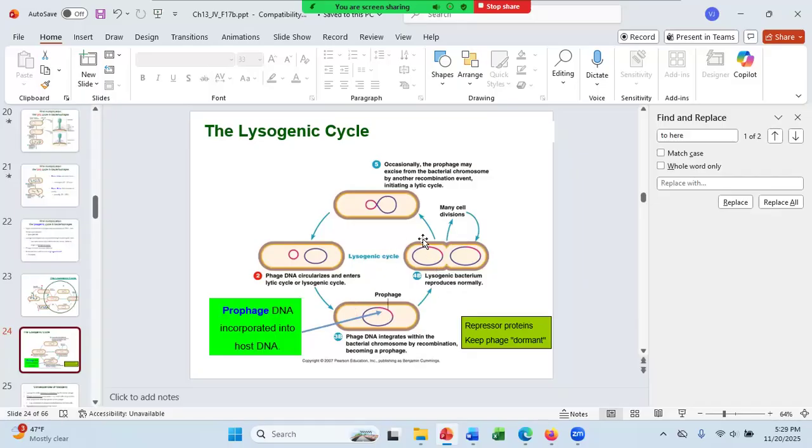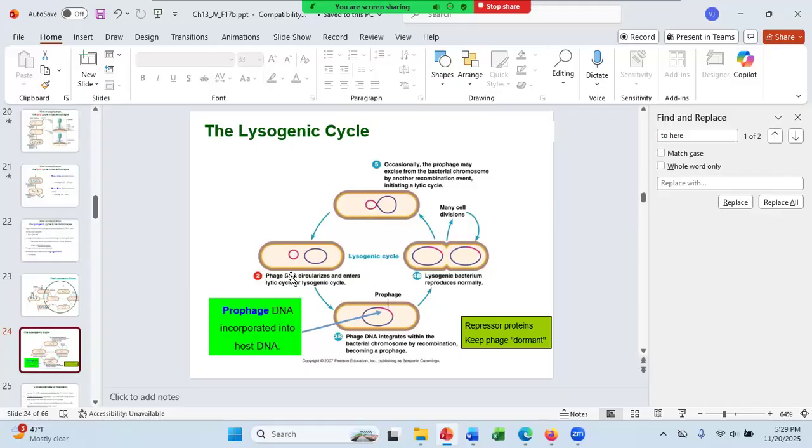But every once in a while, for reasons which are not fully understood, bacteriologists and virologists have been studying this for over 100 years, and they're still not sure why sometimes the virus will excise itself from the chromosome and then enter the lytic life cycle.